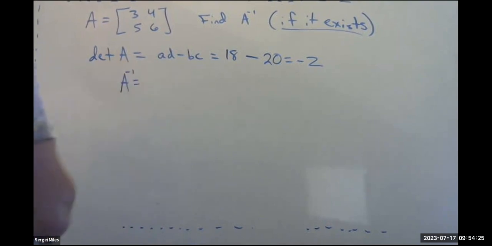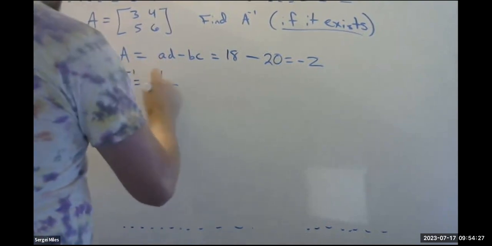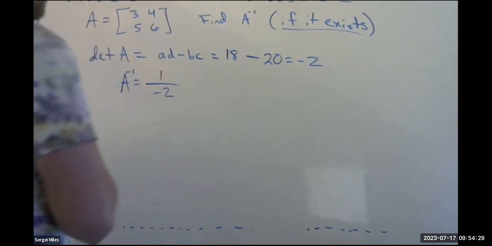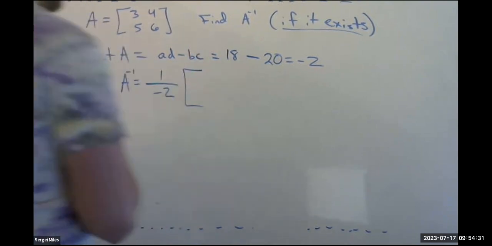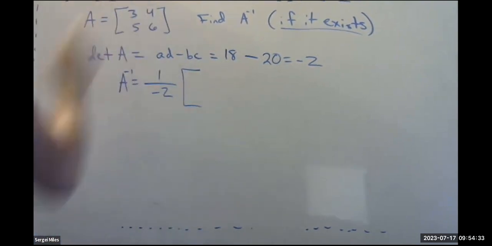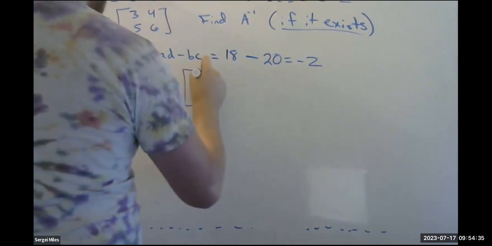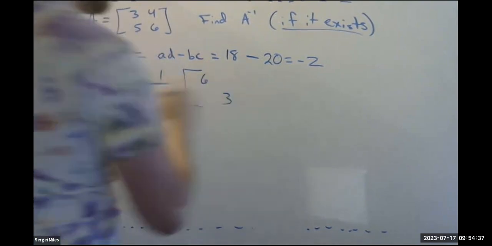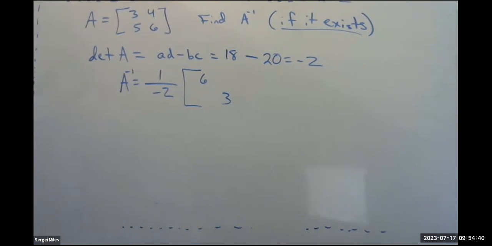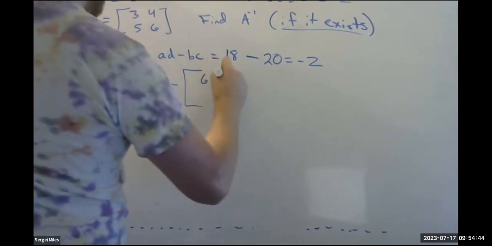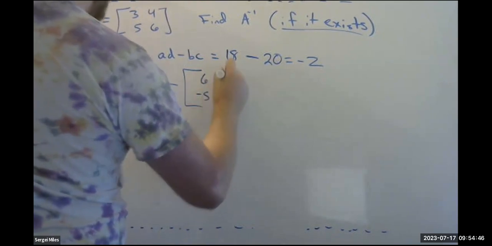All right, so how do we find A inverse? Well, according to our formula, A inverse is going to be 1 divided by the determinant times, now I want to flip the diagonal, 6, 3, and I want to apply negatives to the off diagonal, -4, -5.